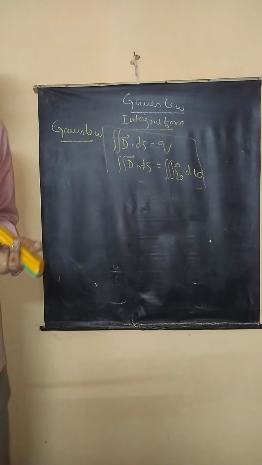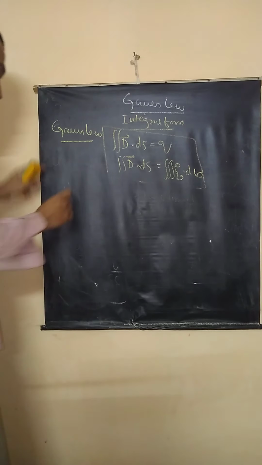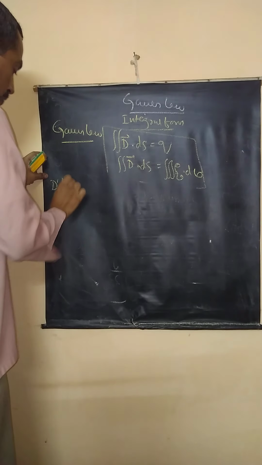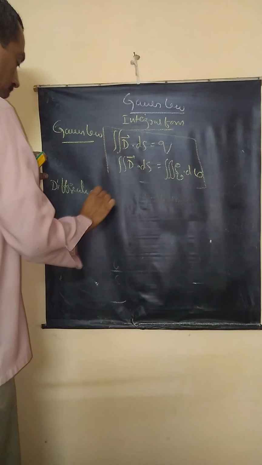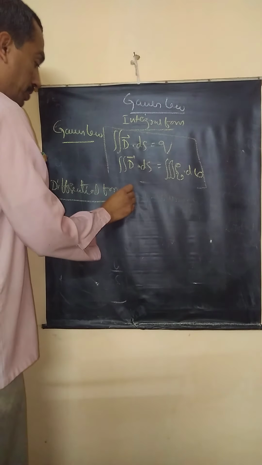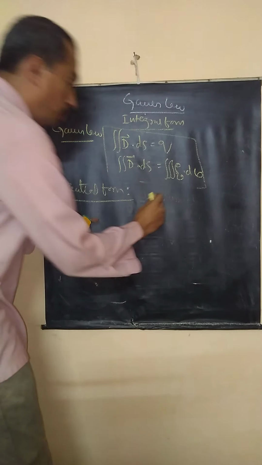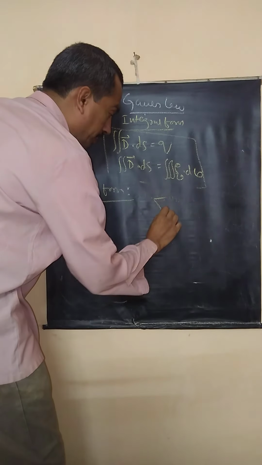How to write it? The differential form of Gauss law is not very clear. When I write it, you will say we don't understand it. See here, using derivatives. Please see this. What is the differential form? We write Gauss law in differential form like this.